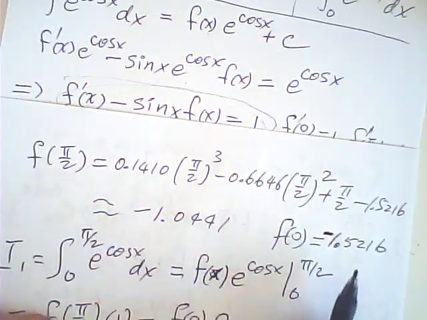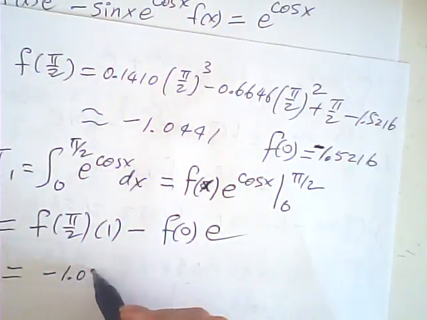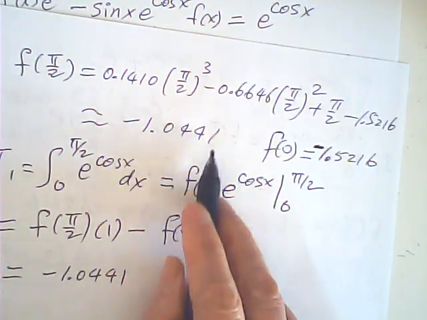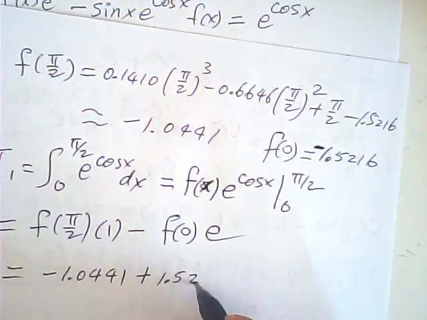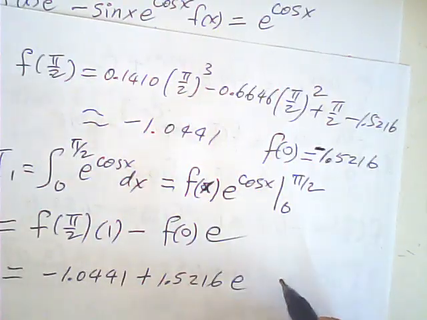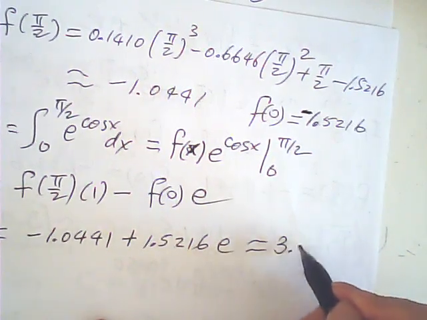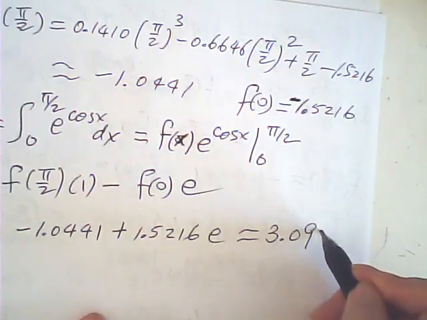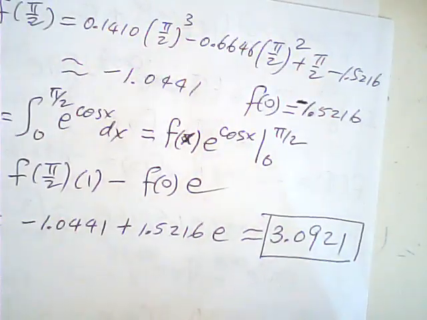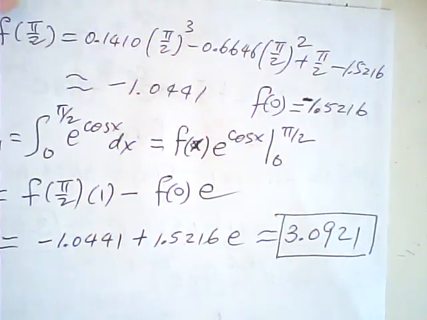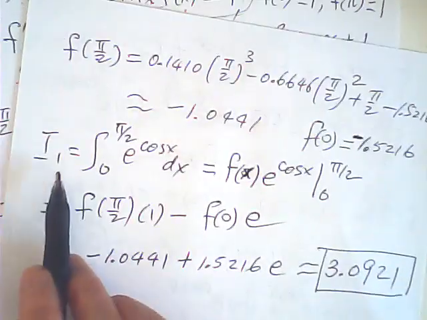So we have these. This one is negative 1.0441. Multiply this, it becomes plus 1.5216 times e. So this one is approximately equal to 3.0921. Wow, it's a very good approximation. Very nice. I think it's great. That's for I1.